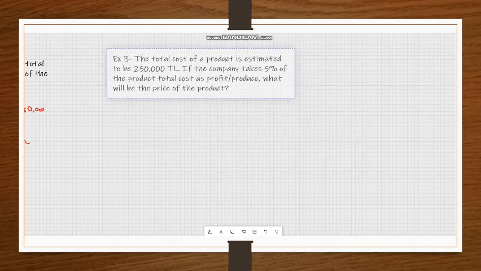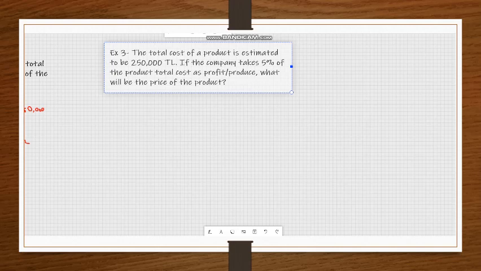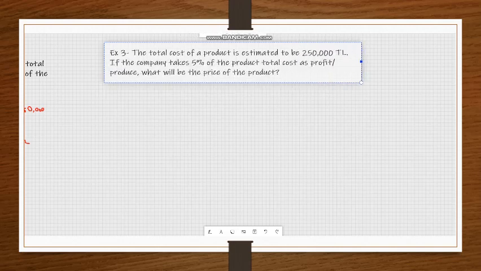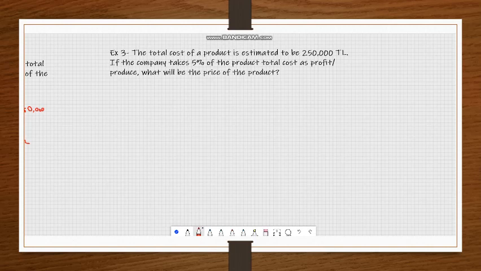So here the formula plays a role. Let's see how we are going to solve it. Let's see the given, which is the total cost of 250,000 Turkish lira, and profit we can calculate as 5% of the total cost, right?